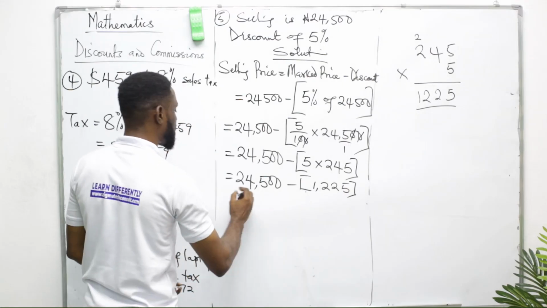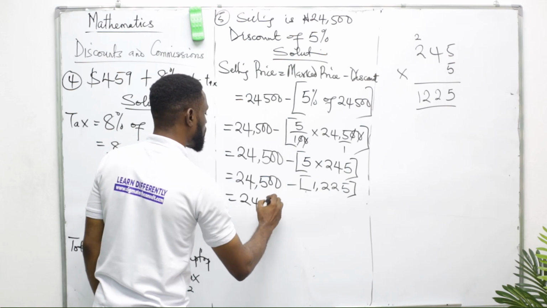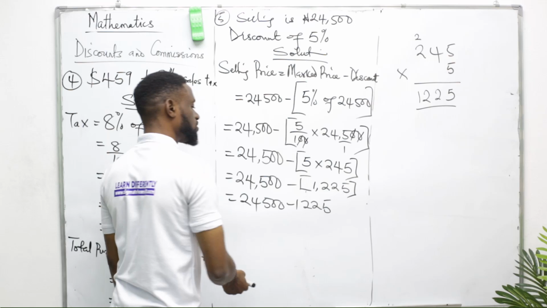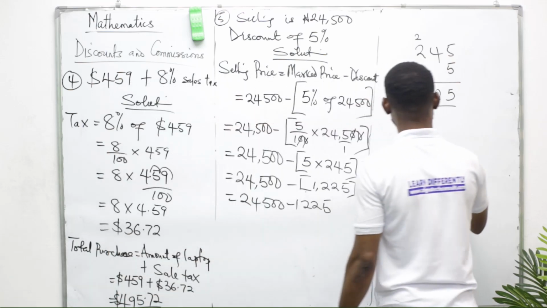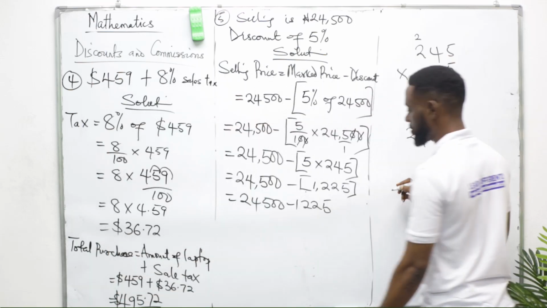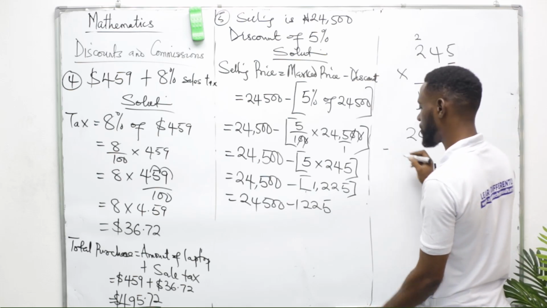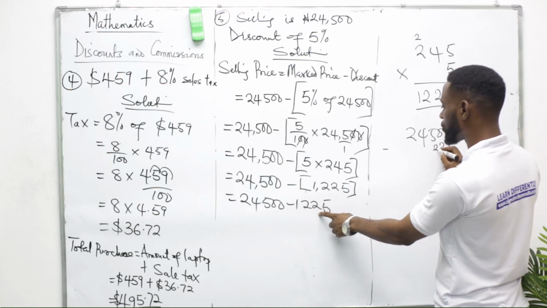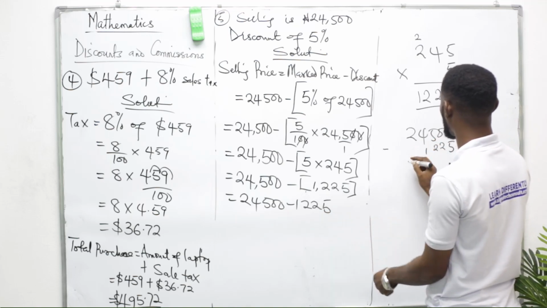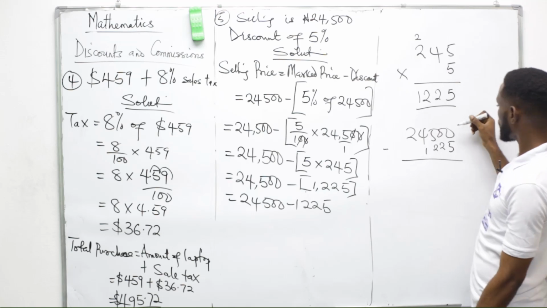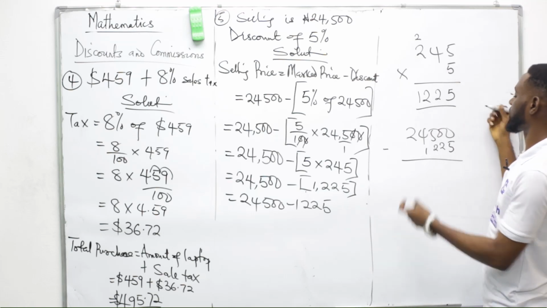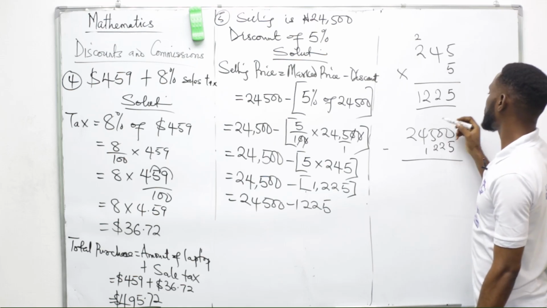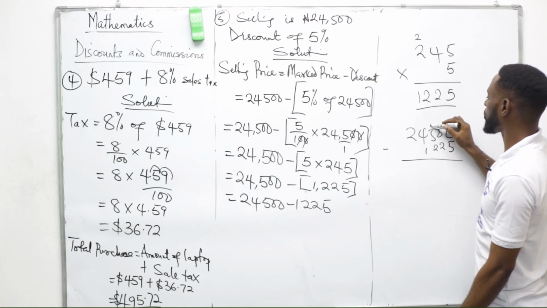So we can now open this thing now. This is 24,500 minus 1,225. You get that? So 24,500, is that all right? Minus 1,225. Is that okay? All right. So 0 minus 5 can't go. So let's borrow from here. So 5 in, take 1 from 5. This becomes 4 now.